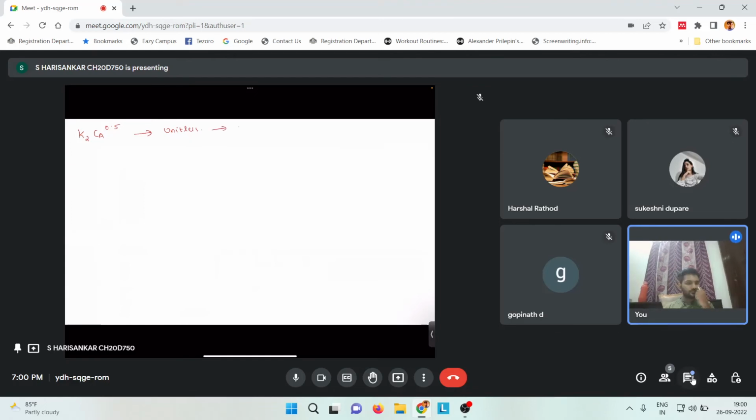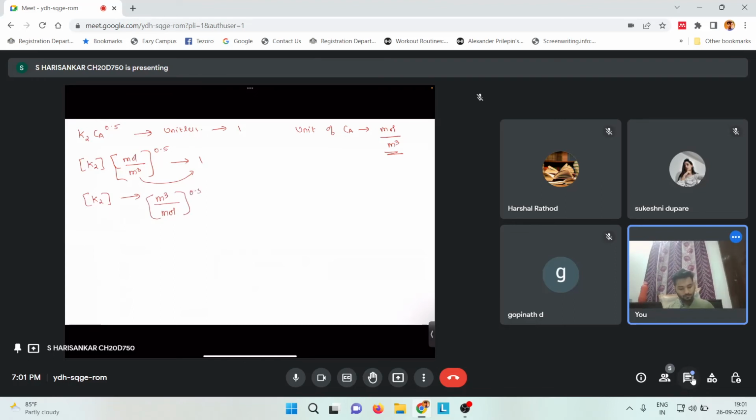So we have the unit of Ca. Unit of Ca is basically mole per meter cube, right? So unit of K2 into mole per meter cube, the whole raised to 0.5, is basically unitless, or let's say 1. So that means unit of K2. So what we can do is we can take this mole per meter cube term this side. So this will become meter cube per mole raised to 0.5.